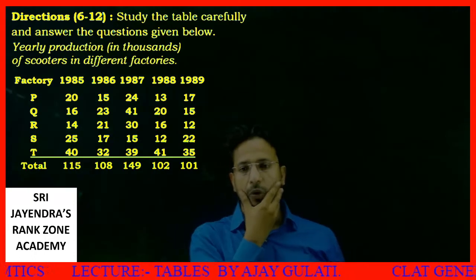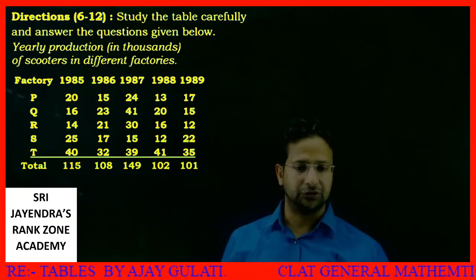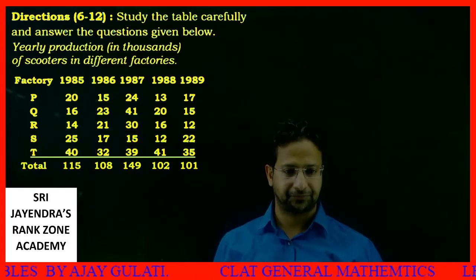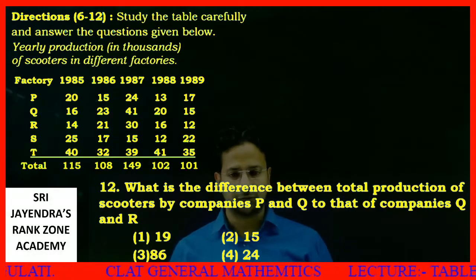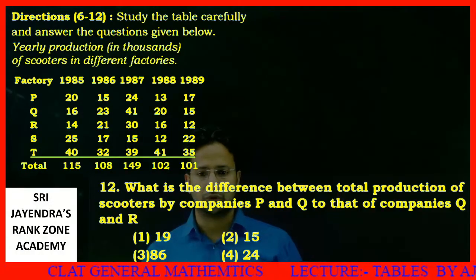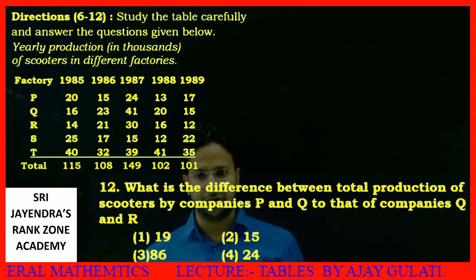We are given the total also. Now the first question we are being asked is: what is the difference between total production of scooters by company P and Q? Just give me a second, dear students.